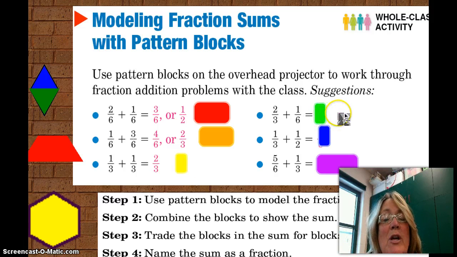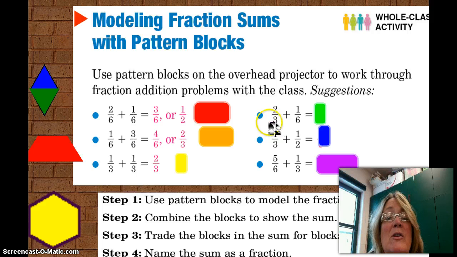This gets a little trickier now, because now you're noticing that there are different denominators. But still think of 2/3 equals how many sixths? Think of your triangles. So you should know that it equals 4/6. So 4/6 plus 1/6 equals 5/6.